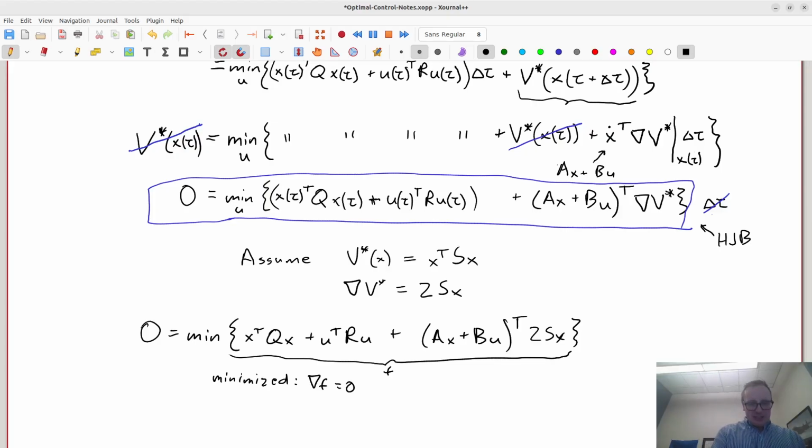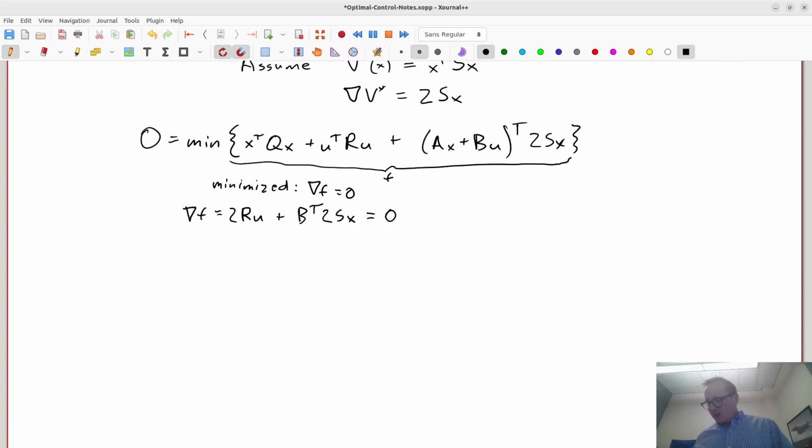So the gradient of f, this is the gradient with respect to u, so this x transpose Q x term doesn't appear in here. So we've got 2Ru plus B transpose 2Sx, and this is equal to 0.